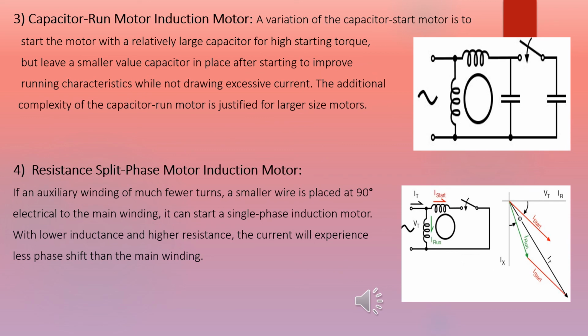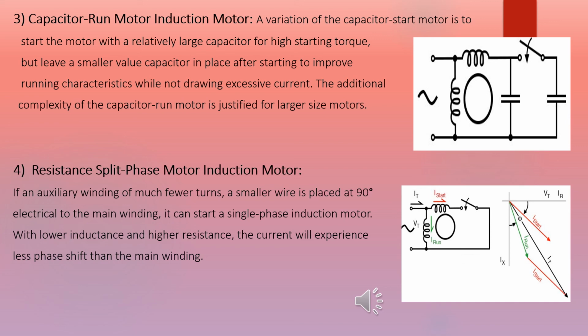Third is the capacitor run induction motor. A variation of the capacitor start motor is to start the motor with a relatively large capacitor for high starting torque, but leave a smaller value capacitor in place after starting to improve running characteristics. The additional complexity of the capacitor run motor is justified for very large size motors.